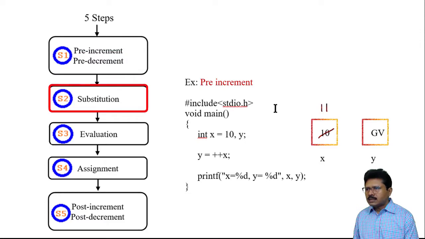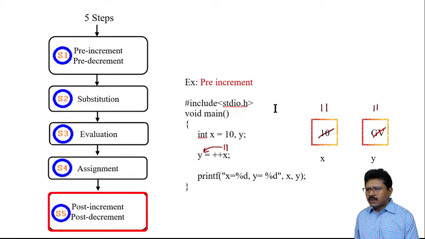Next it will substitute the value, so 11 will be substituted in the instruction. Next, evaluation. Evaluation means any addition or multiplication on the right hand side of the assignment operator. No evaluation is needed here. Next, assignment. This 11 will be assigned to the variable y, so the value of y will be 11.